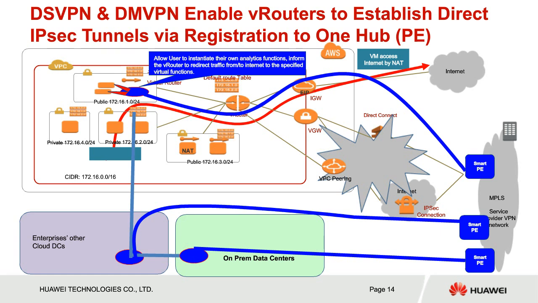It allows those virtual routers to exchange their information with the PE and then get a security association from the PE and be able to establish IPsec tunnels among themselves. Once the tunnels are established, they can exchange traffic without sending the data flow hairpinned back to the PE.